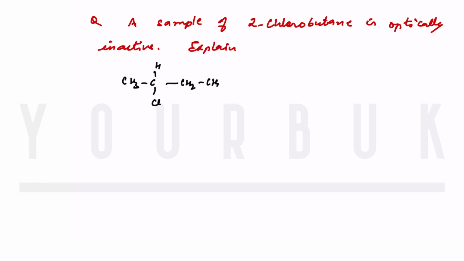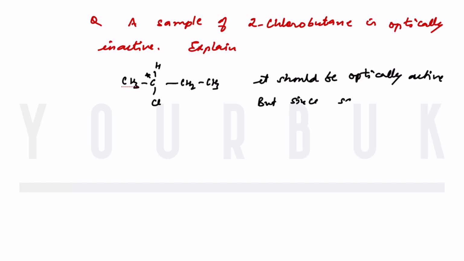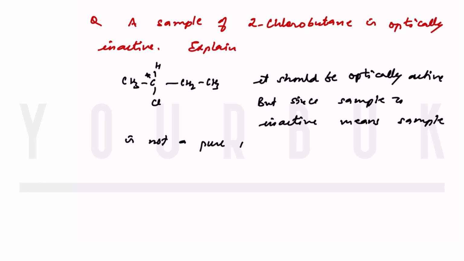The number 2 carbon is a chiral carbon, so it should be optically active. But since the sample is inactive, it means the sample is not a pure isomer.